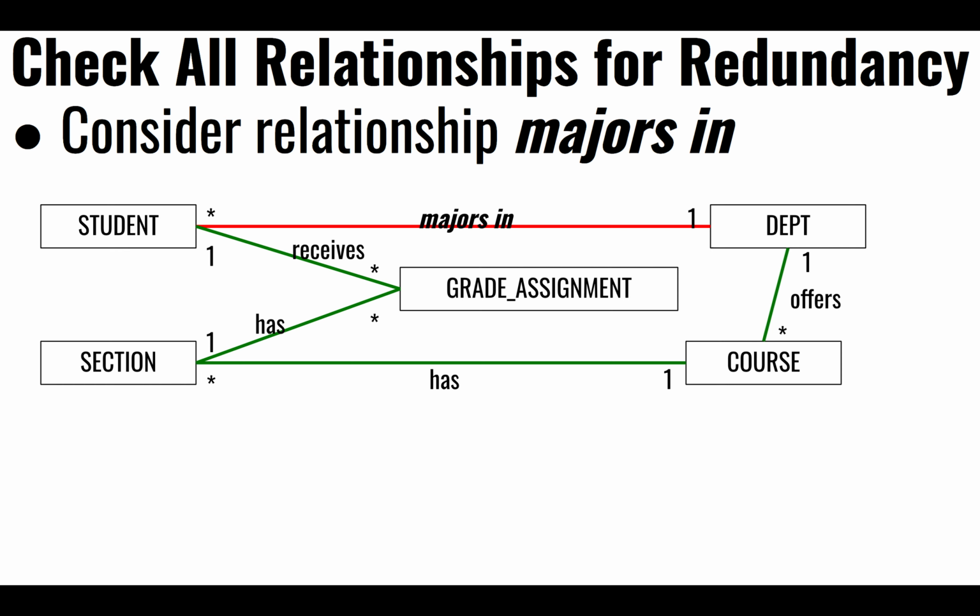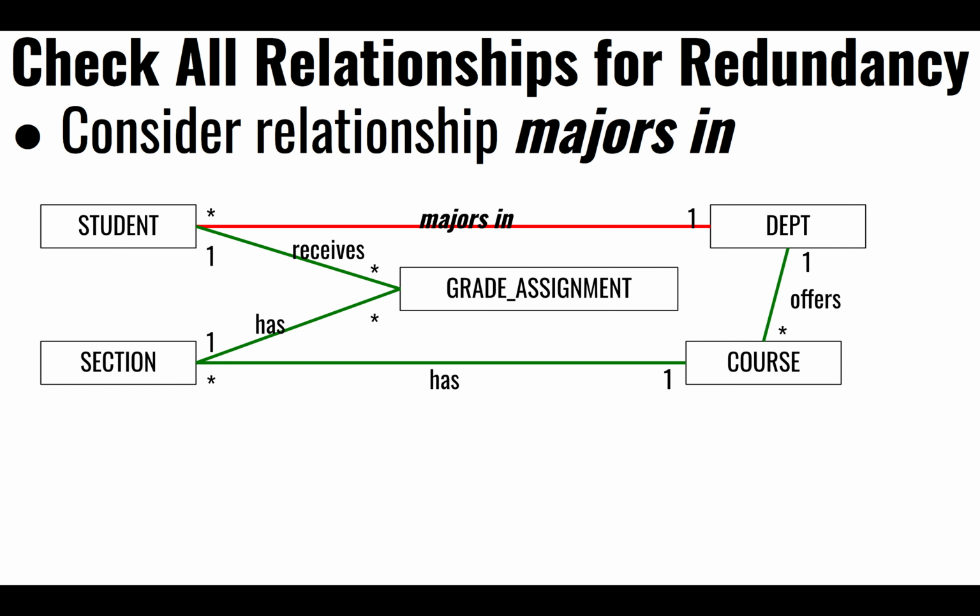Or another query might be that I want to retrieve and see all the students that enroll in a particular department. Again, whenever there's a cycle, it's a red flag that you should consider. So you need to traverse. Based on all your queries, you ask yourself, is there redundancy?